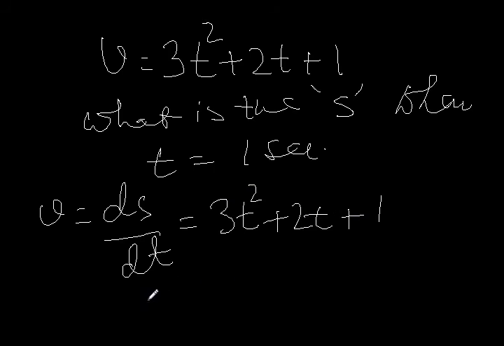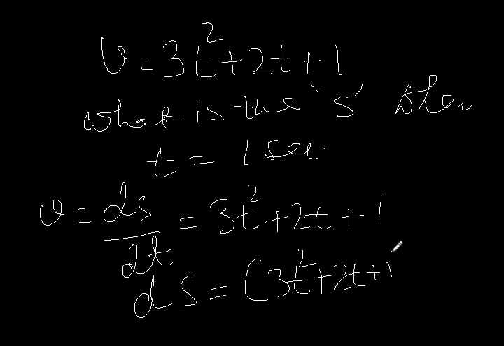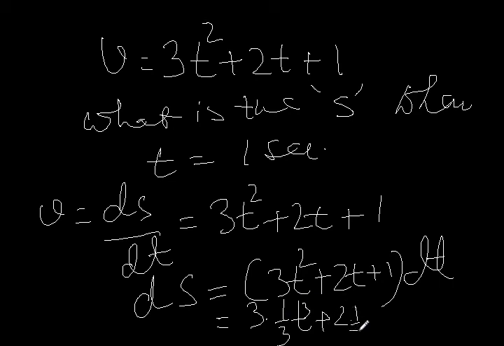So now I integrate all these things. I integrate 3t square plus 2t plus 1. So you see, when I integrate this, what I have is a result of 3 by 3 of t cube plus 2 by 2 of t square, and 1, as you can understand, will become t.